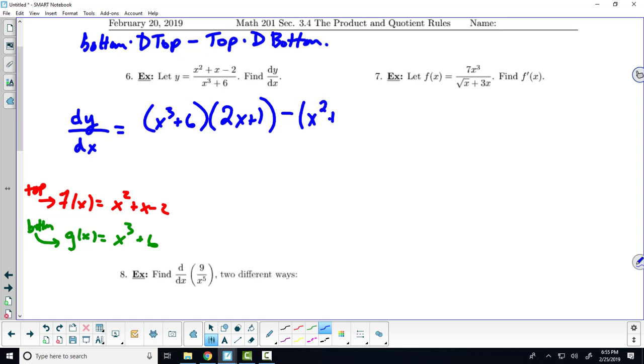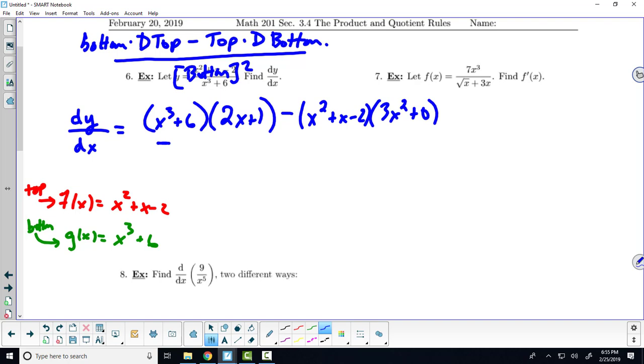That's just x squared plus x minus 2 times the derivative of the bottom, which is what? 3x squared. I'll go ahead and put plus 0 here again because we're just getting comfortable with this rule. All over the bottom squared. So I'm just recopying this since I can't quickly flip back and forth. So this is all over, what was our bottom function? x cubed plus 6 squared.